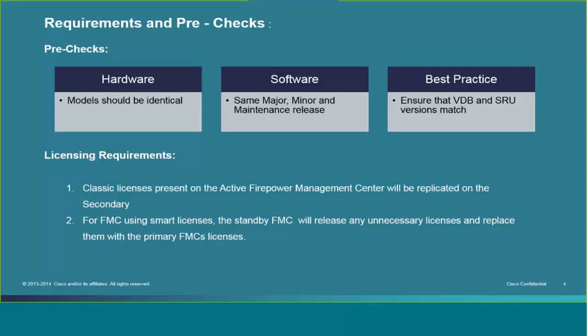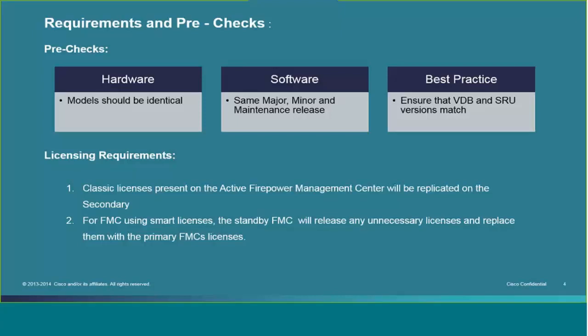Otherwise, this causes problems during synchronization. However, on the 6.1 series and above, the licenses need to be installed only on the primary FMC, and this will be replicated onto the secondary FMC during the HA synchronization process.